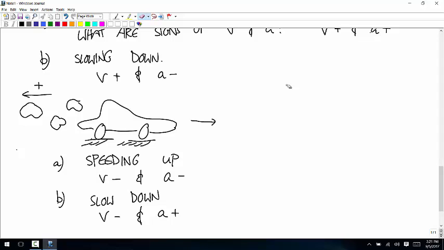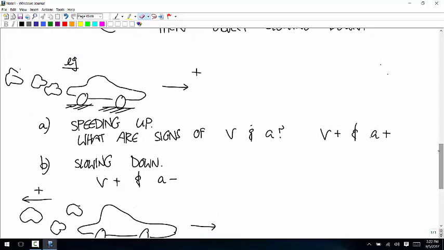Think about it in terms of just pointing in the directions of velocity and acceleration. So in this case, with the positive direction this way, it's speeding up. Its velocity was this, and its acceleration was this. Okay, and let's look at the case before. The signs are different, but in this case, the velocity was this, and the acceleration was this.